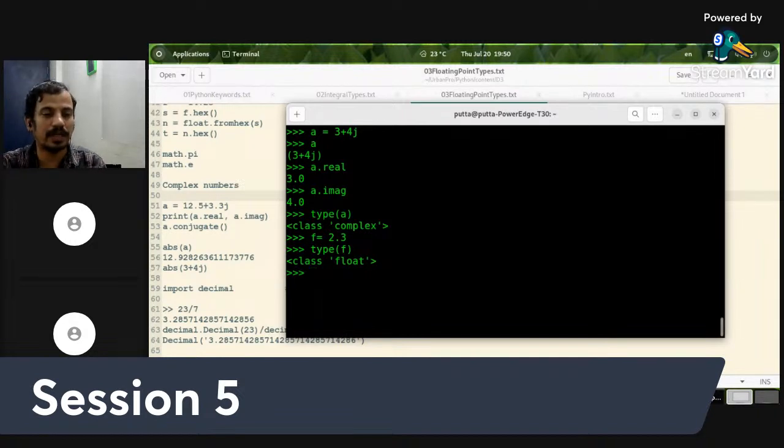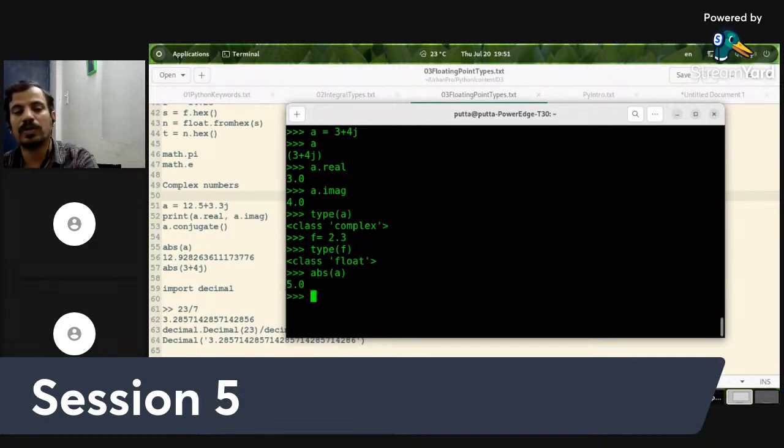You can find the absolute of a also. What is the absolute of a complex number? Absolute is nothing but the sum of the squares of the real and imaginary parts, and finally we calculate the square root of it.